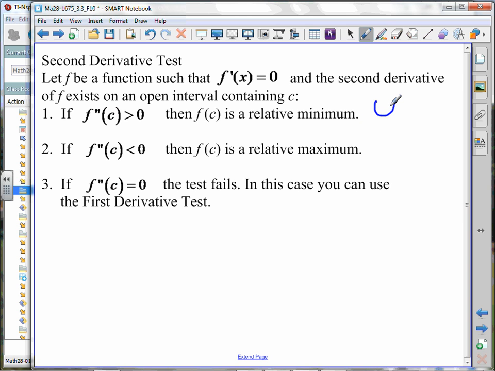If it's concave up, it has a minimum. If the second derivative value, when you put that critical number in, is negative, you know it's concave down, you know you have a maximum. If it is equal to 0, we don't know anything. We've got to investigate it further.